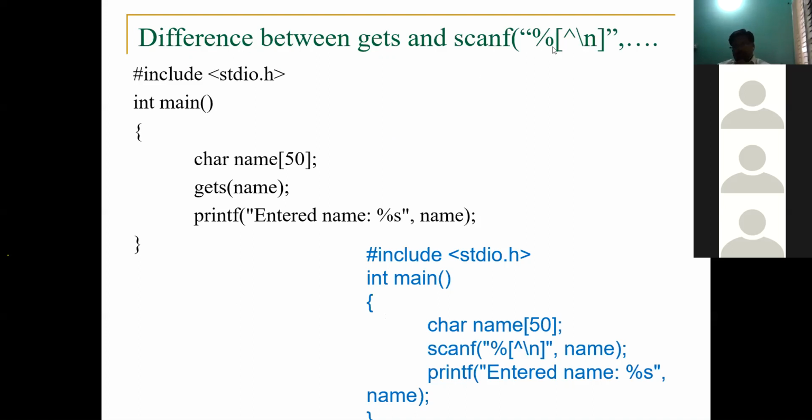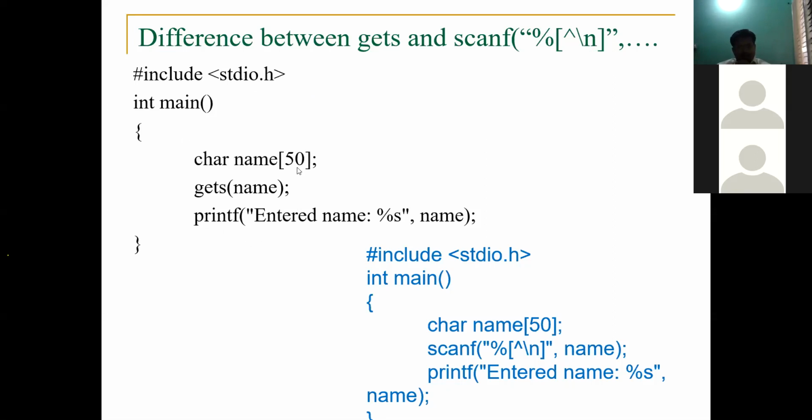The control string is percentage, and next to percentage within the square braces we have caret symbol followed by \n. As you all know, \n stands for next line character. In C, whenever you enter a set of characters, maybe a string, and then press enter, that you can capture using \n.